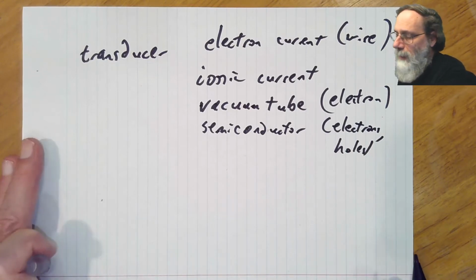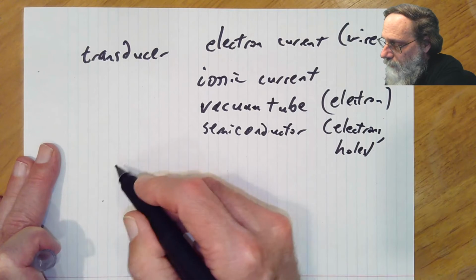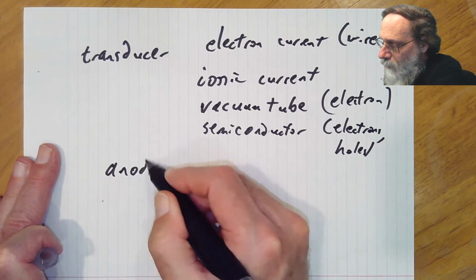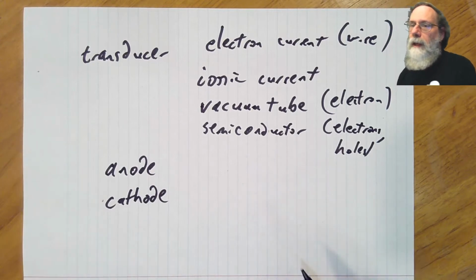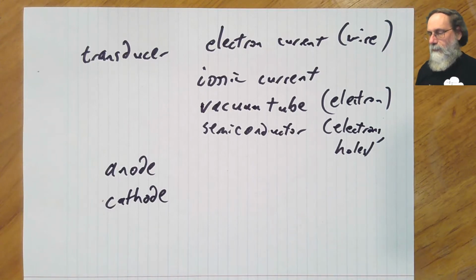There are two special names that get used, and that's anode and cathode. These terms are a little confusing. Chemists like to talk about them in terms of what sort of reduction or oxidation reaction is going on, and I find that difficult to memorize.